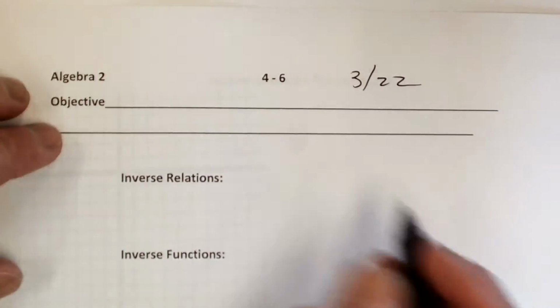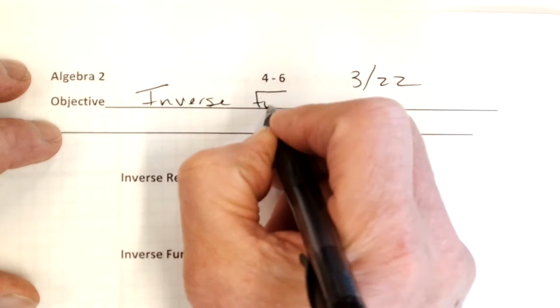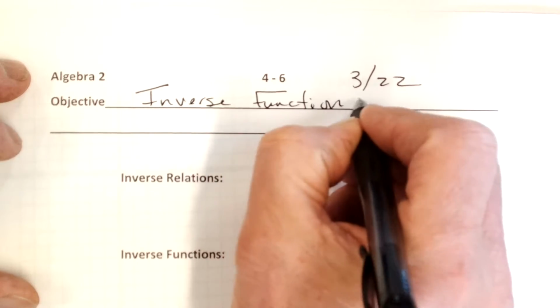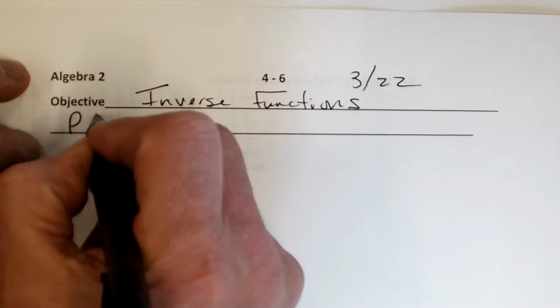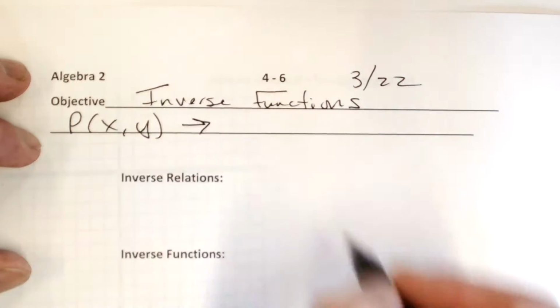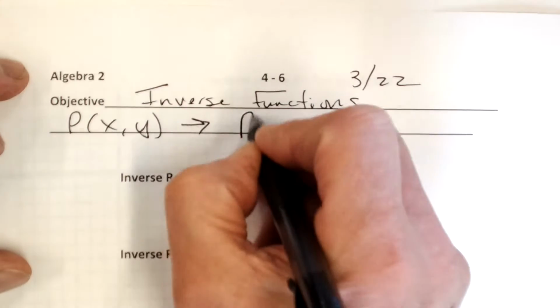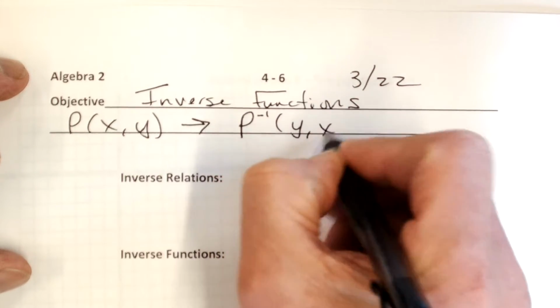We're going to be talking about inverse functions. Okay, and to do an inverse function, any point has some x, y value. We use this symbol here: P negative 1 becomes y, x. Okay, write that down.